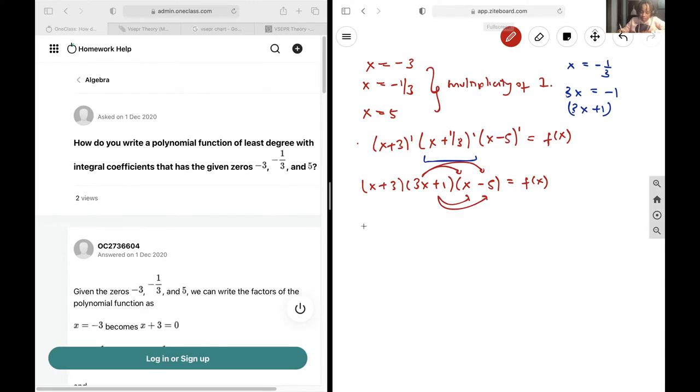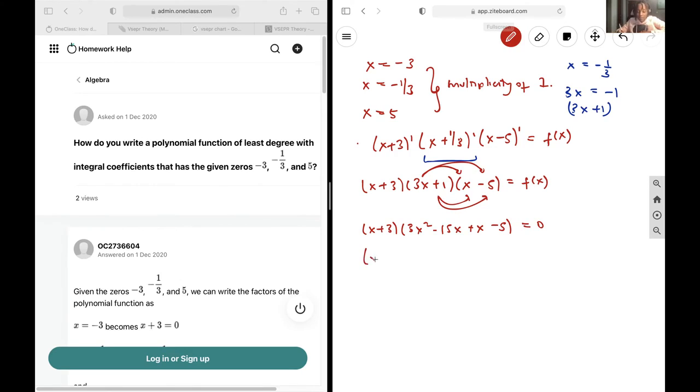And so we get x plus 3 into 3x squared minus 15x plus x minus 5 is equal to 0. So 3x squared minus 15x plus x minus 5.